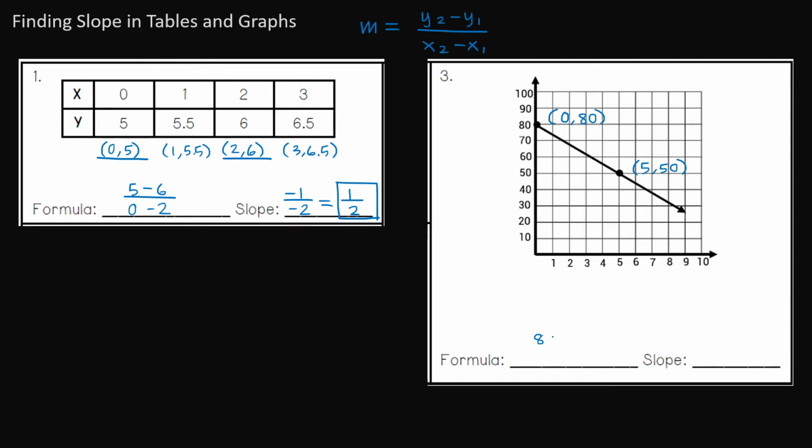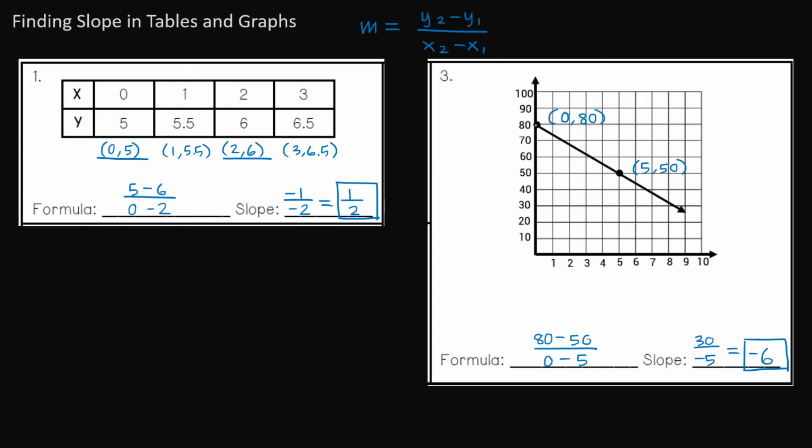So I'll go 80 minus 50. This coordinate's y value minus this coordinate's y value. And then I'm subtracting my x values in the same way. So if I subtracted 80 minus 50, I need to subtract 0 minus 5. So now I need to simplify. 80 minus 50 is 30. 0 minus 5 is negative 5. So my slope, if I divide top by bottom, my slope is negative 6.